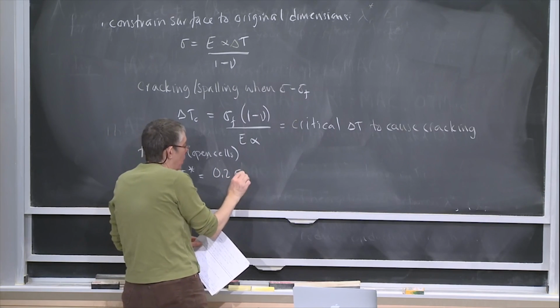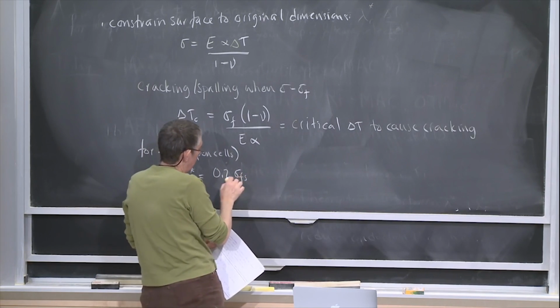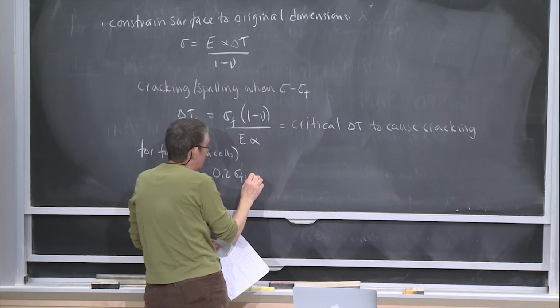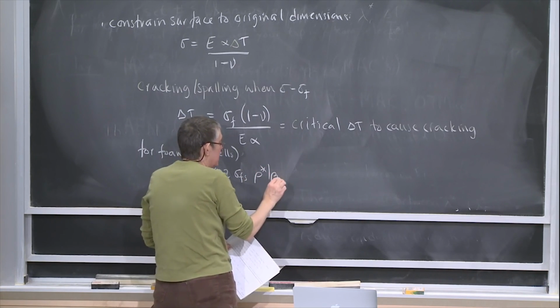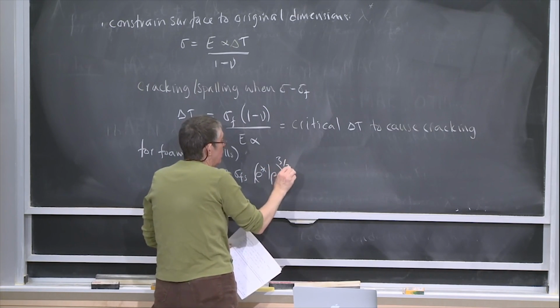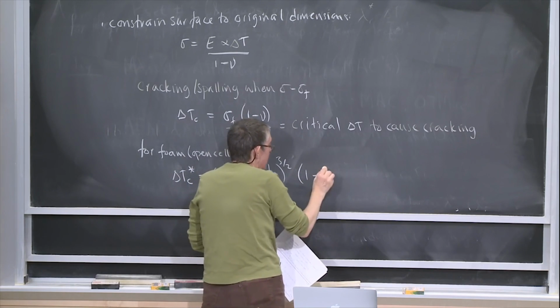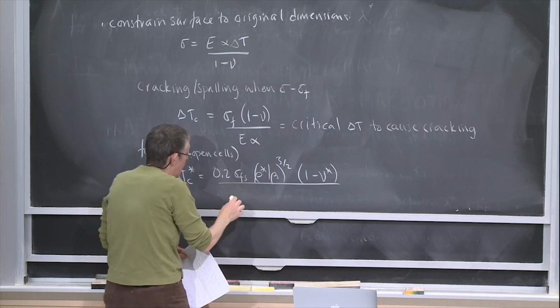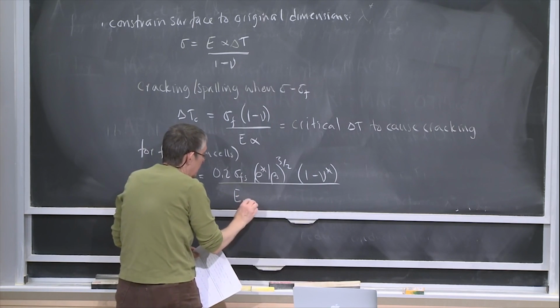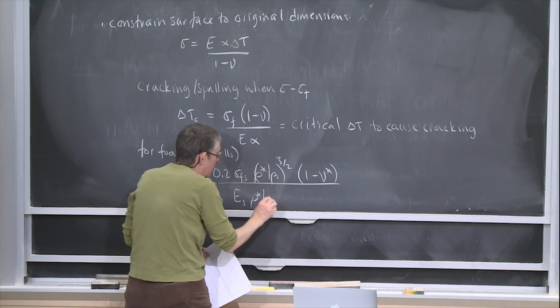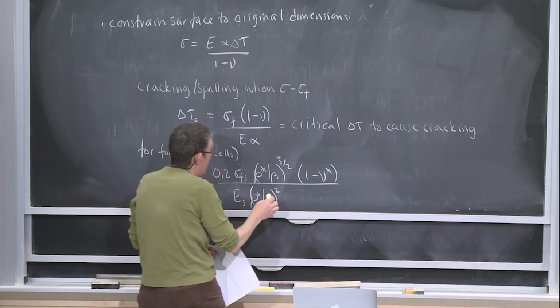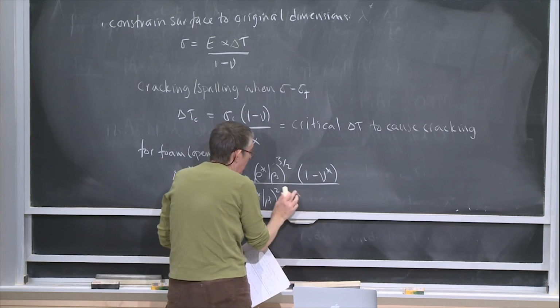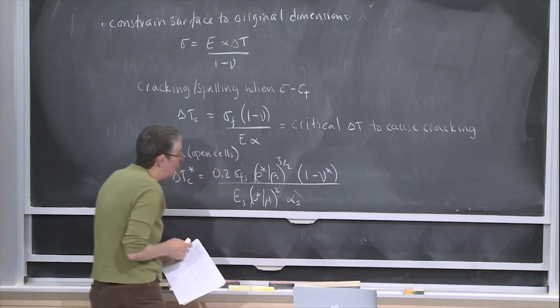When we did the modeling of the foams, we said that was equal to about 0.2 times the modulus of rupture times the relative density to the 3/2 power, and 1 minus nu. And then if I divide by the modulus of the foam, that's E_S times the relative density squared. And then we just had alpha for the foam was the same as alpha_S.